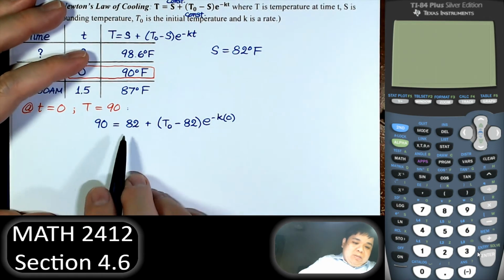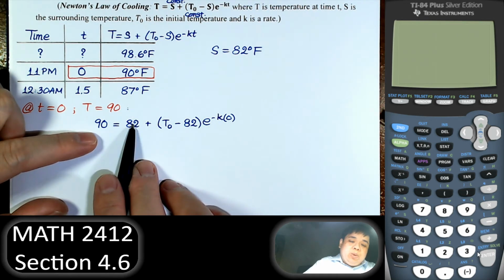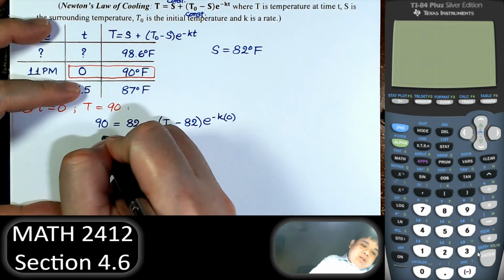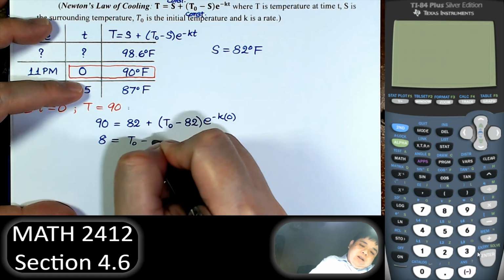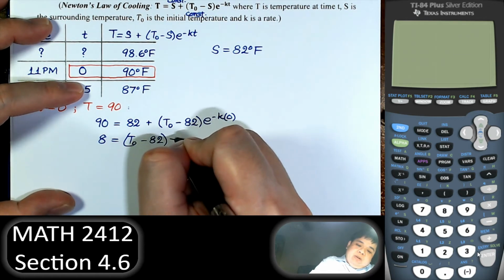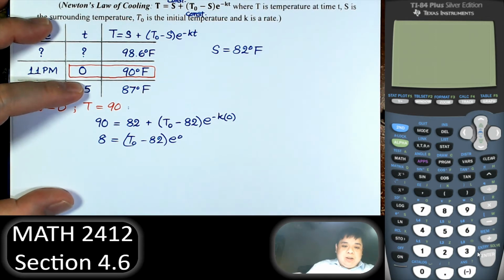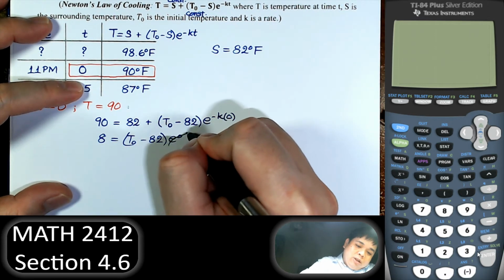Right, so here we can simplify, subtract 82 on the other side. 90 minus 82 is 8, equal to T naught minus 82 times e to the 0 power. K times 0 is 0, so e to the 0 power is 1.